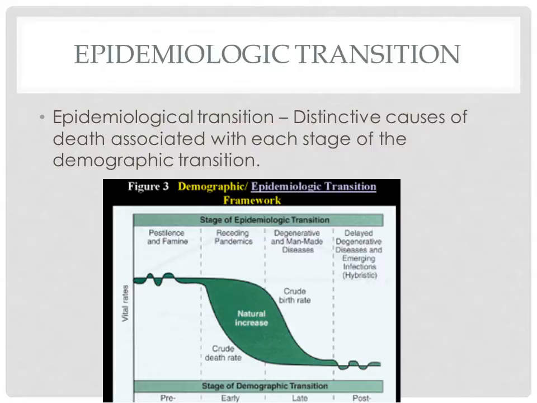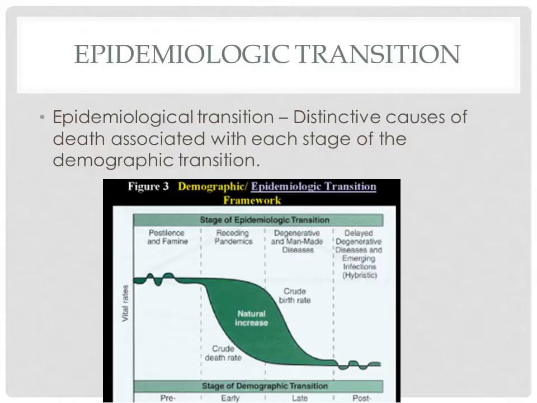And I want to draw your attention especially to the crude death rate because the epidemiological transition model is all about the differences in death rate. Notice that the death rate is different in every single stage of the demographic transition. In stage number 1, the death rate is high and fluctuating. Stage number 2, it declines rapidly. Stage number 3, it declines more slowly. Stage 4, it is low.